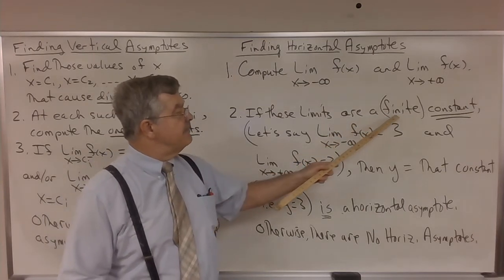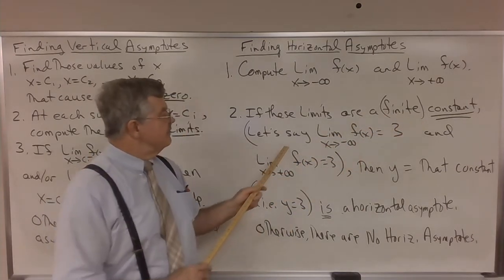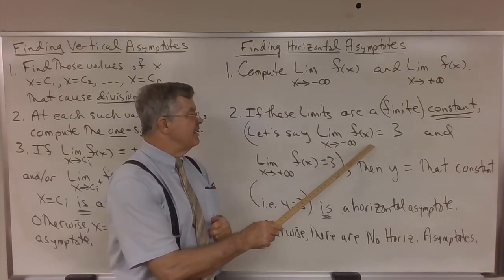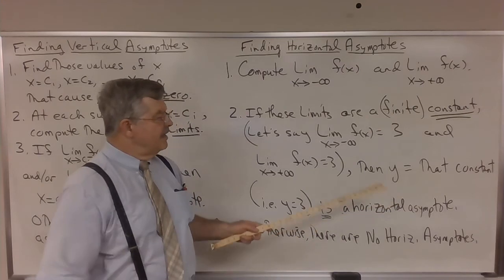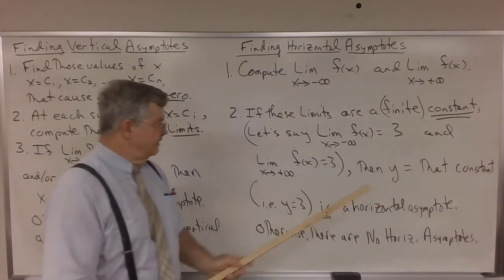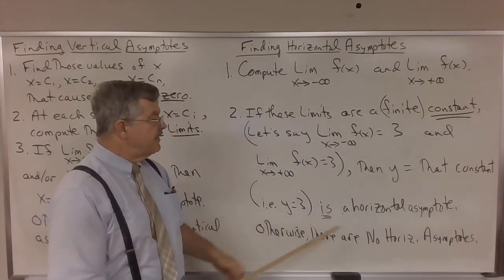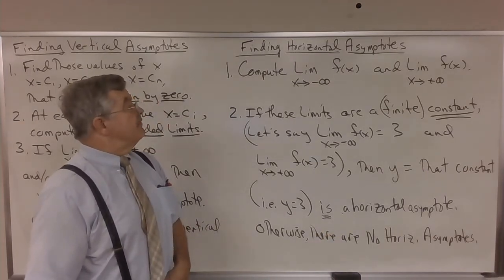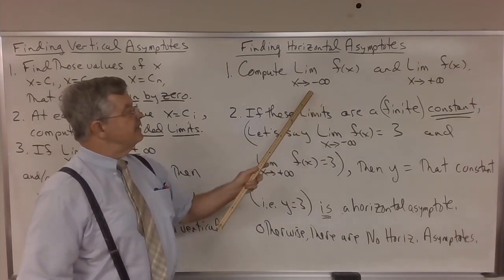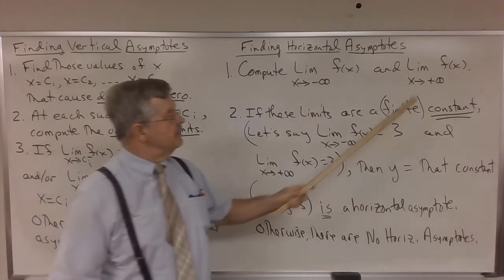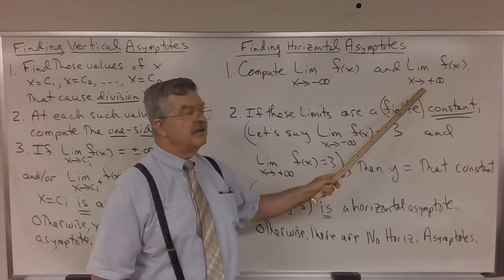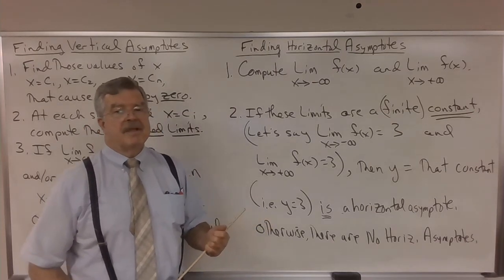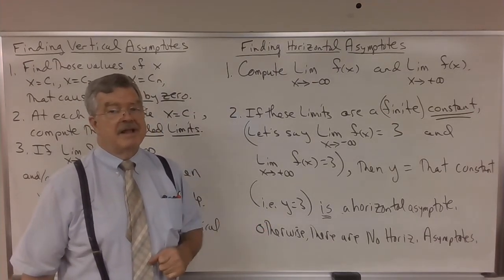If the limits are a finite constant, for the sake of example, let's say that the limit as x approaches negative infinity of f of x equals 3, then y equal that constant, that is y equal 3, is a horizontal asymptote. If the limit of f of x as x approaches negative infinity and the limit of f of x as x approaches positive infinity are not finite constants, then there is no horizontal asymptote.